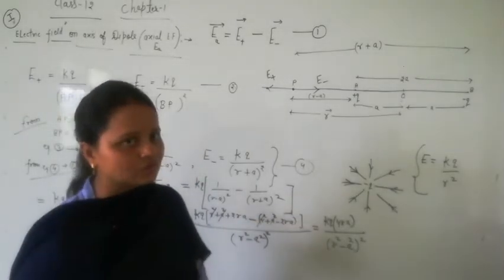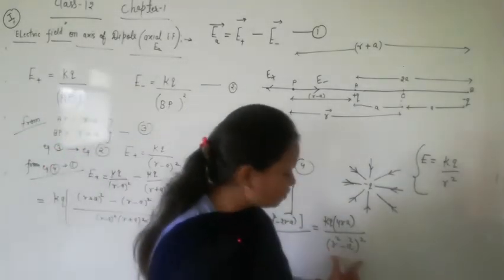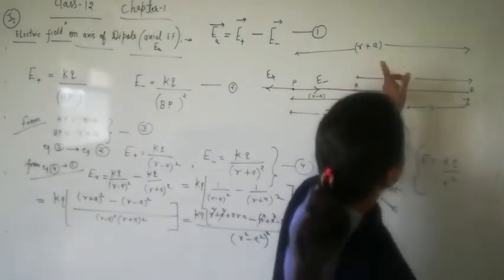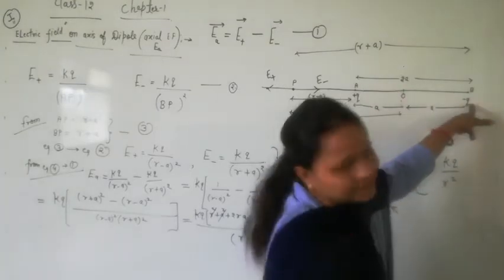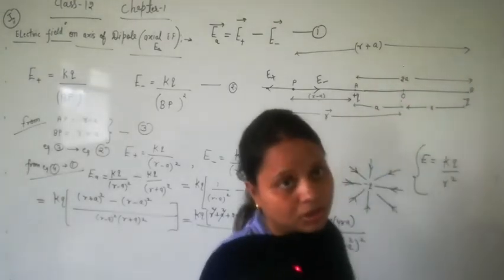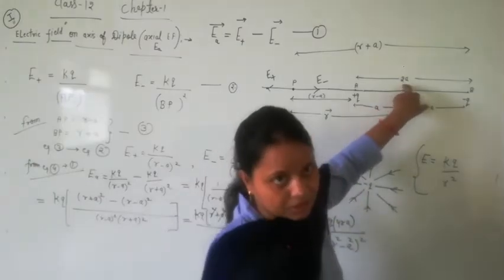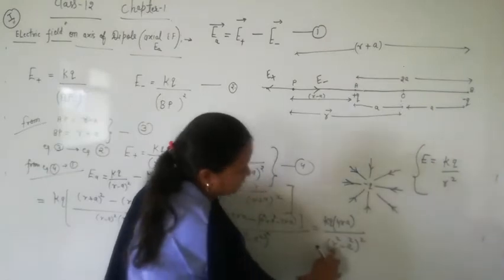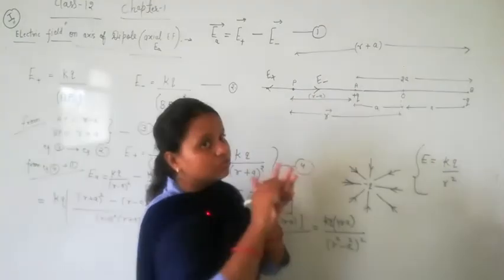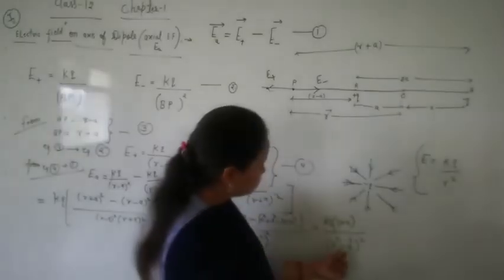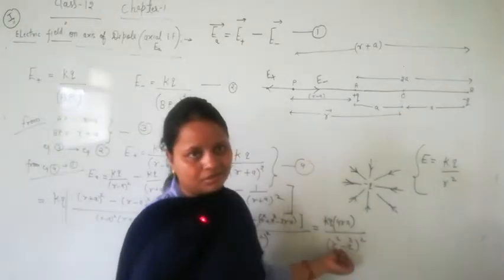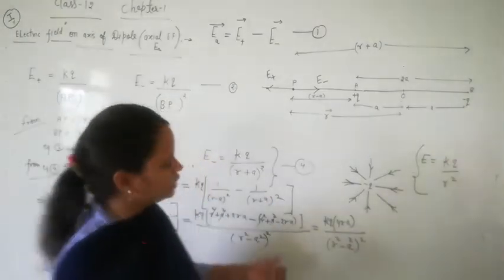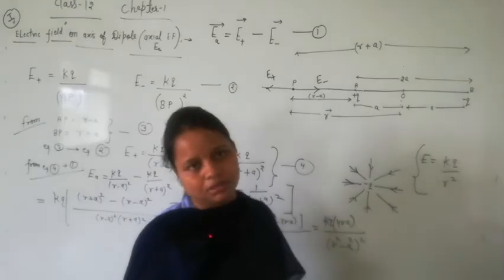Now we reduce this term. What is the reason for the reduction? Earlier we said the separation between the dipole's positive and negative charges is small. Then 2a is the separation, I mean small a is the separation. So the observation point is very far from the dipole. So the observation point small r is very great and the separation is very small. So we use the concept of the binomial theorem.